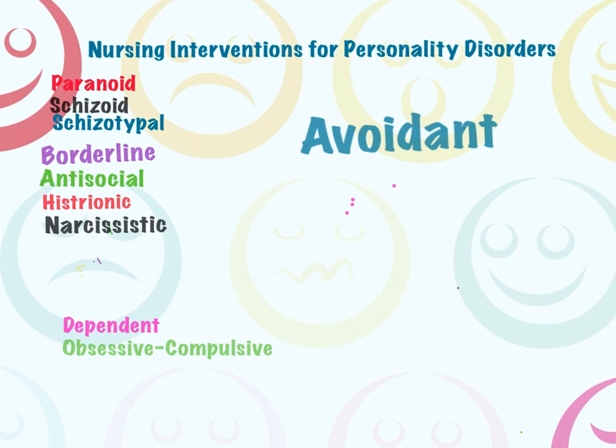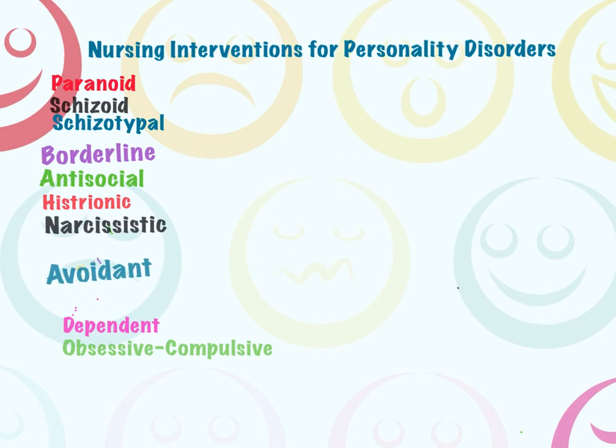So social isolation is another good nursing diagnosis for these folks. So you want to encourage socialization, and you want to build this person's confidence. Notice when they're doing something good and give positive feedback whenever you can. And obviously make notice when they try and venture out of their comfort zone and into the more social milieu.